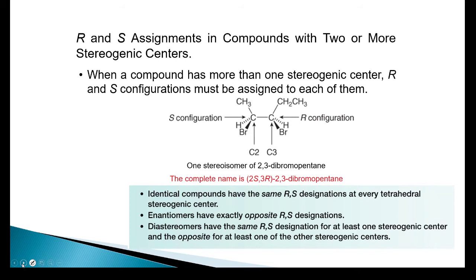So when I ask it on an exam, let's say next Thursday, a week today, or if you guys decide you want it on Wednesday, whatever it is, make sure you draw hydrogen towards the back and not just assign the CIP rules and move on. So this one has 2 stereogenic centers. It is 2,3-dibromopentane, but we need 2S,3R because it's saying the second carbon has S configuration while the third carbon has R configuration.